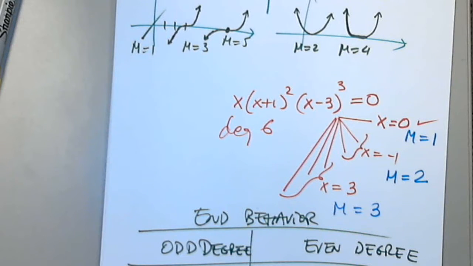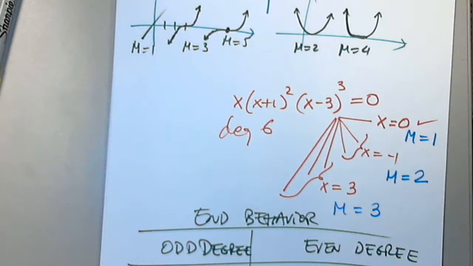Give me a very simple example of an odd degree polynomial that we know absolutely everything about. The simplest possible odd degree function that you can think of. x. Of course. So there are 2 options for a linear function, right?